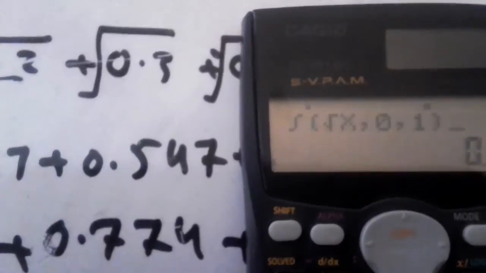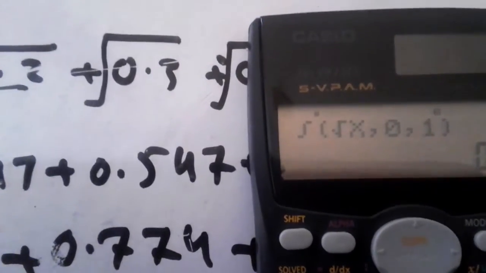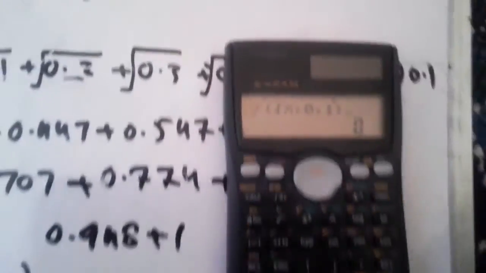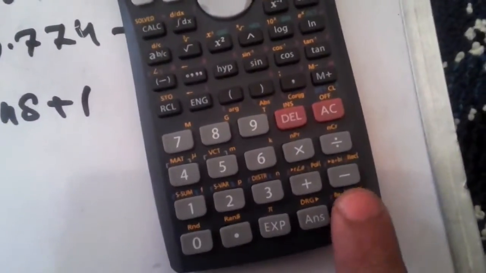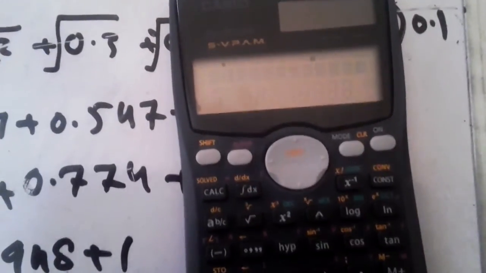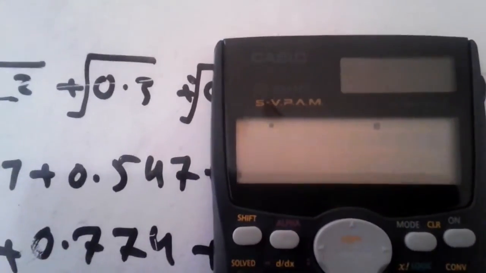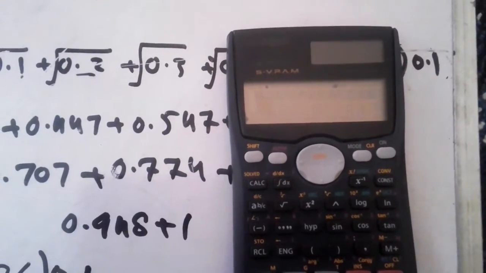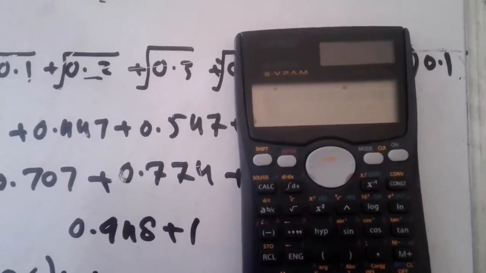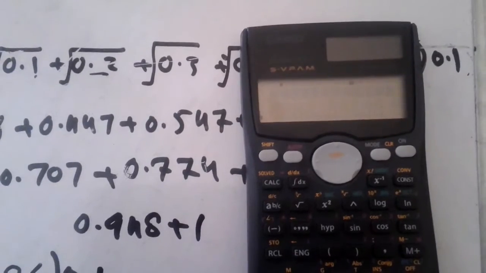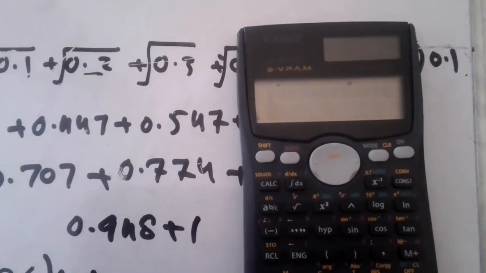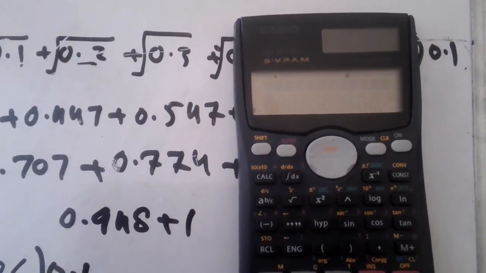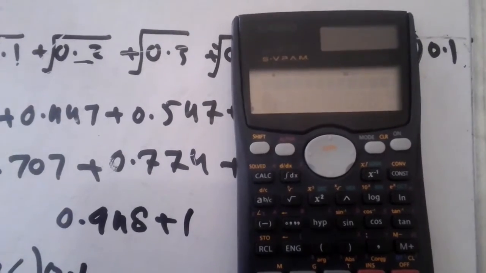For this, first I will press the equal sign. You can see here, now it starts calculating the values. You can see there is no result. Here we can wait about 1 minute. After that I will pause the video, and after completion of the 7 minutes I will turn on the video again to see the result.